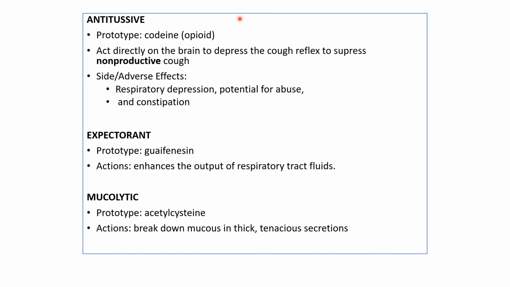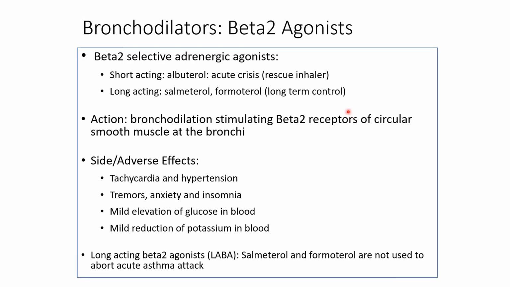For patients suffering of bronchoconstriction, which is a narrowing of the bronchi seen in asthma and seen in patients with chronic obstructive pulmonary disease, or COPD, I mean emphysema or chronic bronchitis, the bronchodilators play an important role.